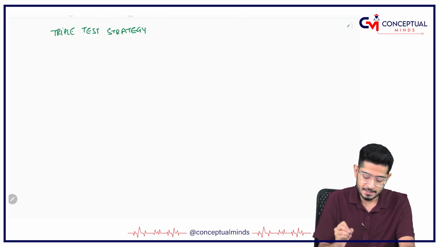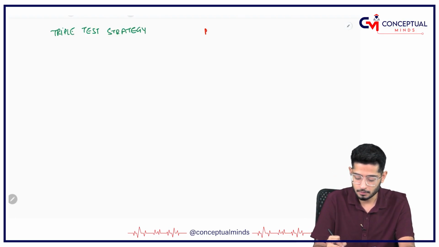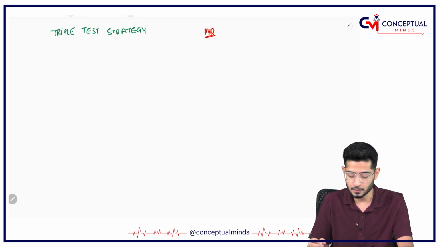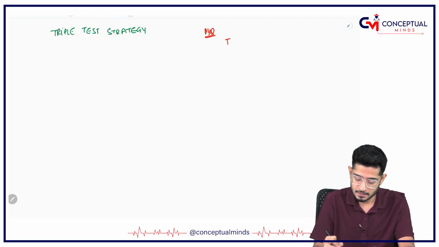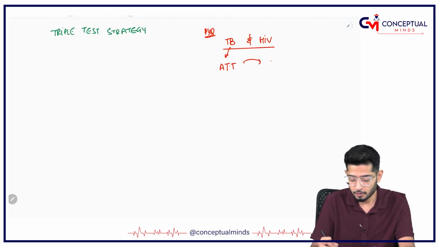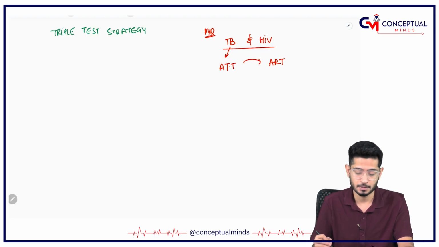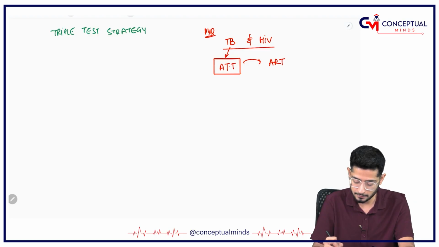Okay, and one more very important previous year question I will tell you. If a person has a tubercular infection and HIV together, because they go hand in hand, we have to start anti-tubercular therapy first, followed by antiretroviral therapy. That means you have to treat the TB first, then you treat HIV.